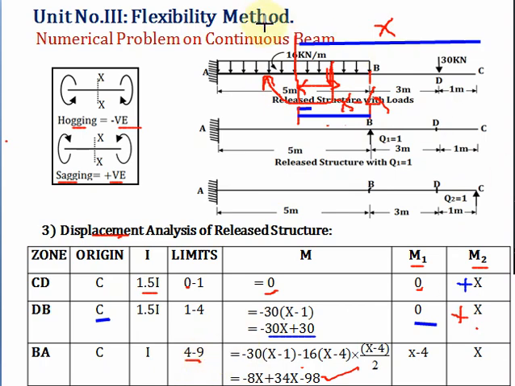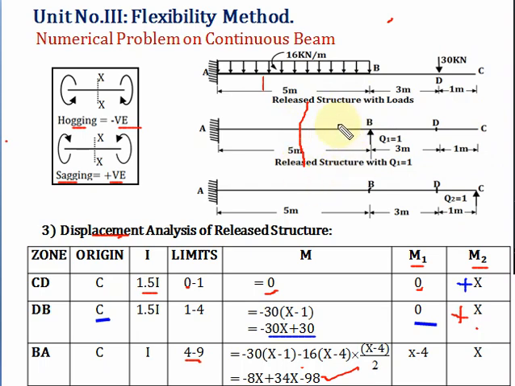Now we'll consider the section in portion BA. We are measuring this x from C. Due to this 1 kilonewton, the nature of bending moment will be like this.